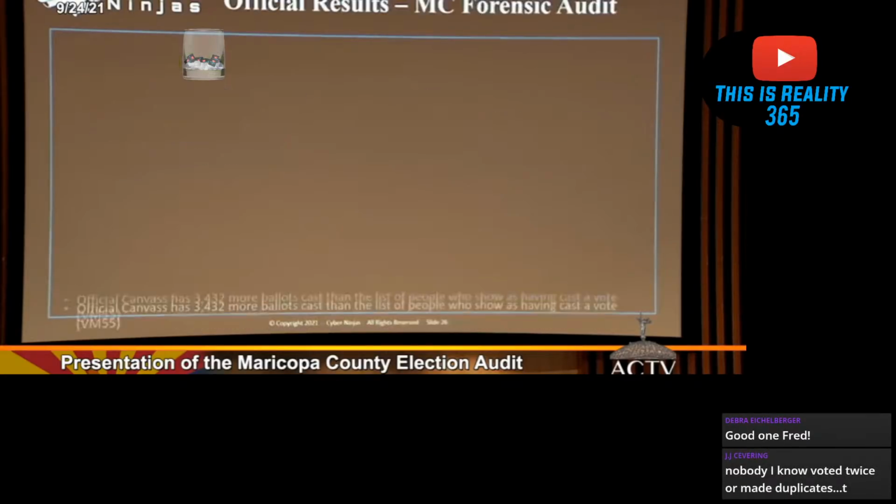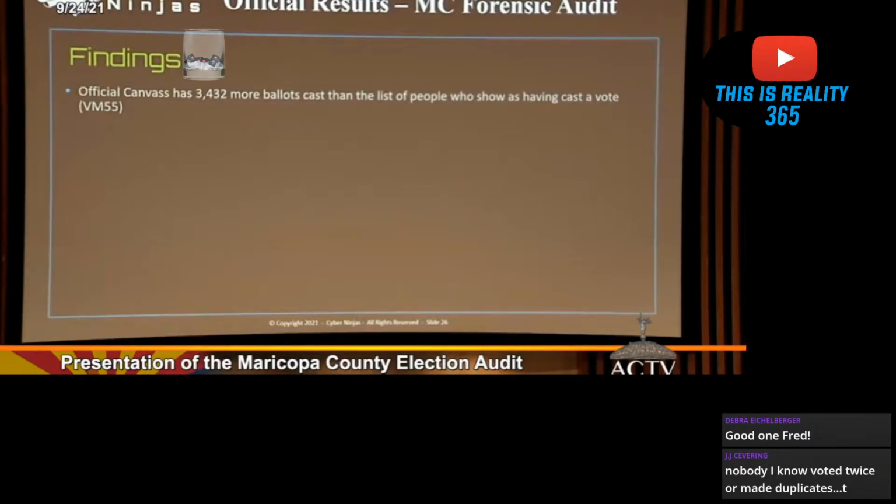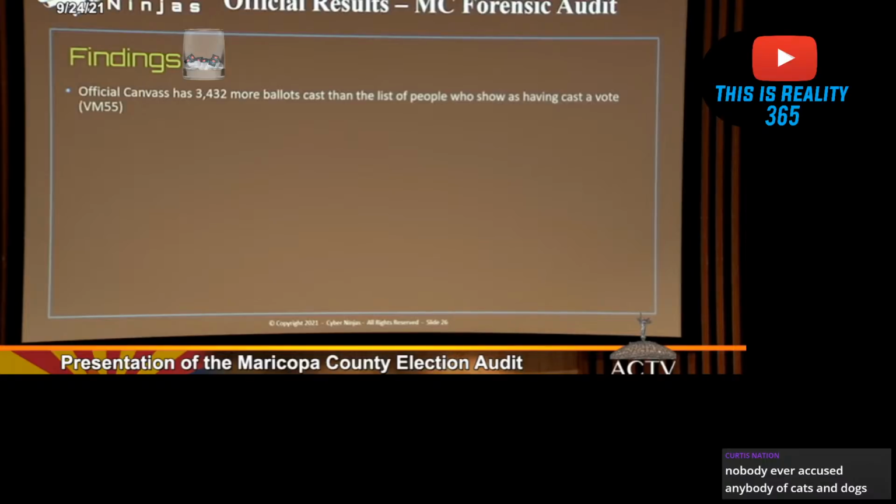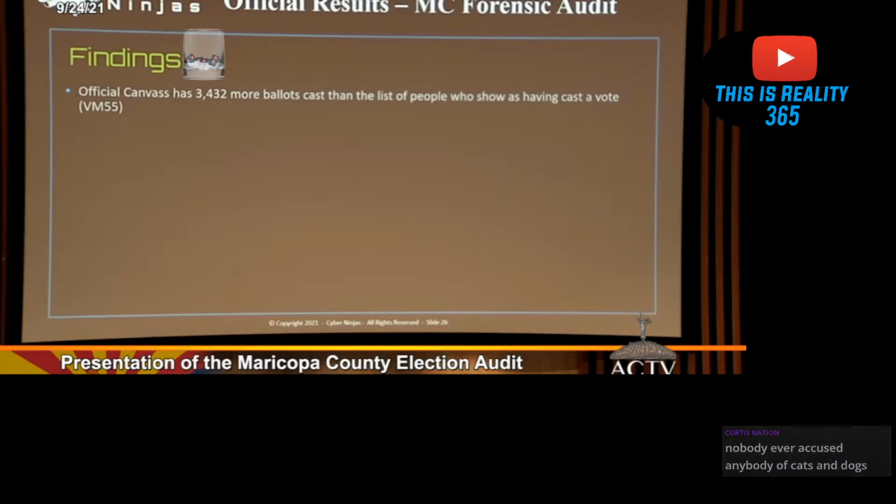We're going to go through these. So our official canvass has 3,432 more ballots cast than the list of people who show as having cast a vote in the VM55 file. Now, I do want to specifically interject here that we finally heard back from Maricopa County because we asked them about this discrepancy. I think it was at least a week ago, but it was a couple weeks ago.